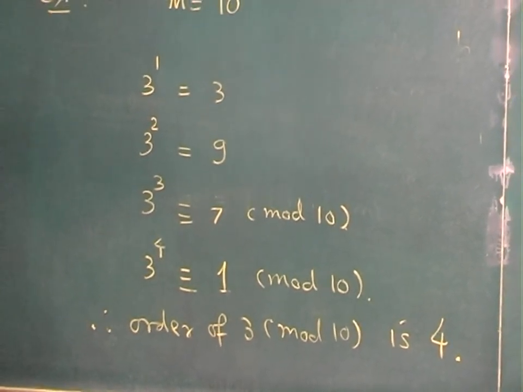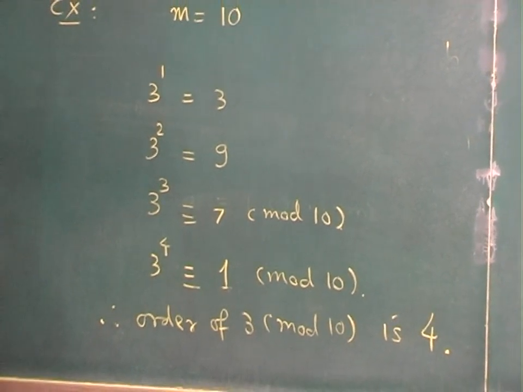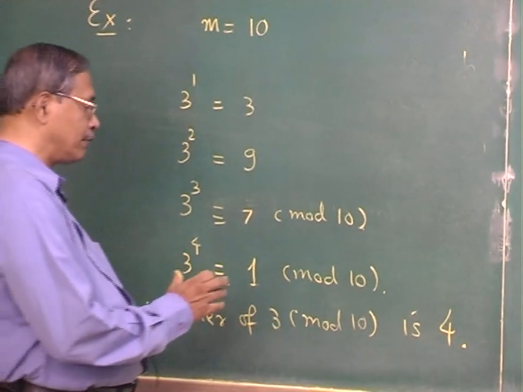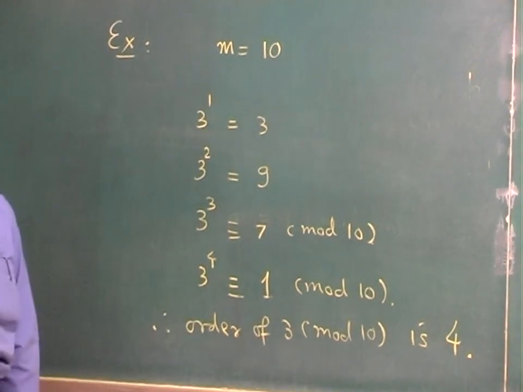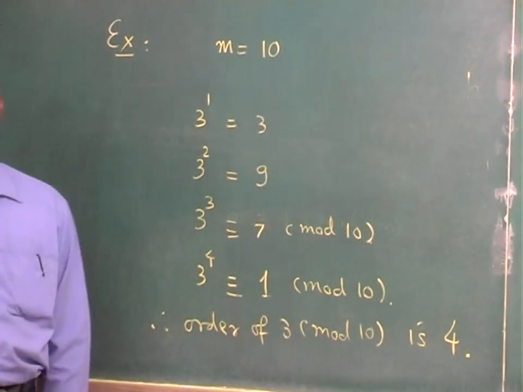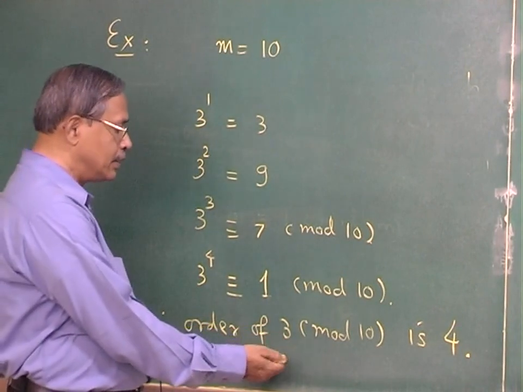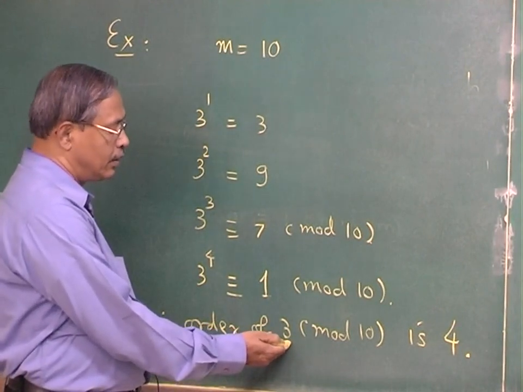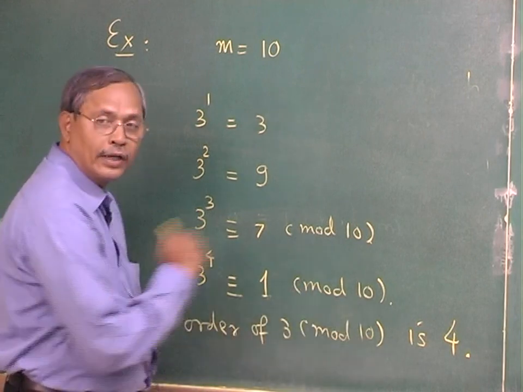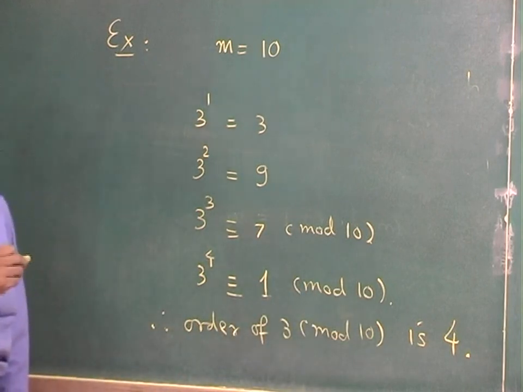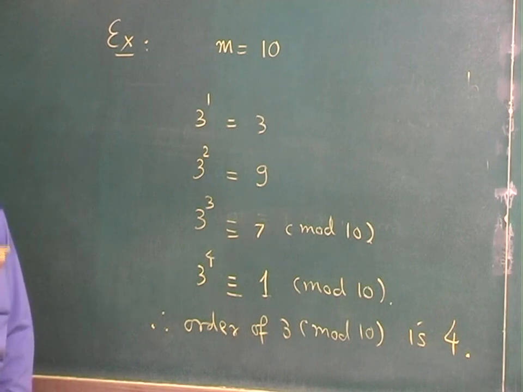Here, regarding order mod 10, you should understand that it is not that we find some order, which is some number, and then reduce that number mod 10. It's not like that. Essentially you are considering residue classes mod 10. So 3 mod 10 means the residue class of 3.